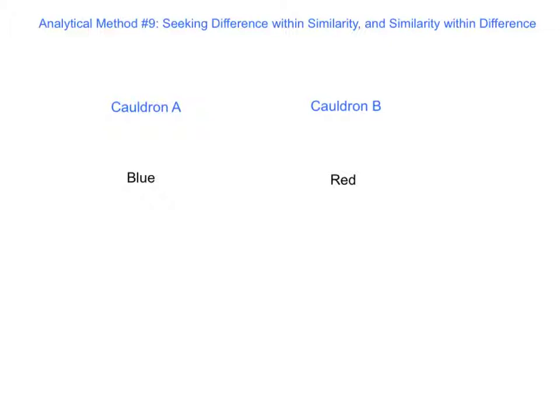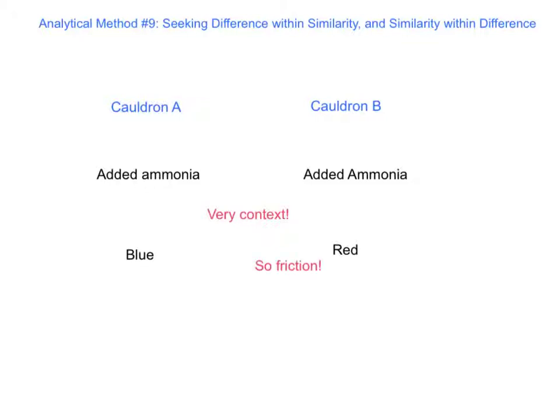So if you added ammonia to both of them, a similarity between the two cauldrons, and in one of them it turned red and in one of them it turned blue, then you're embedding this difference within a similarity. It creates an area of friction between the two objects that you can then explore.